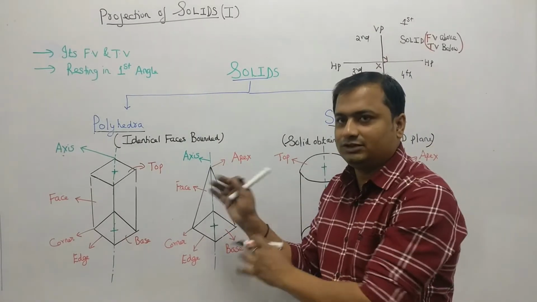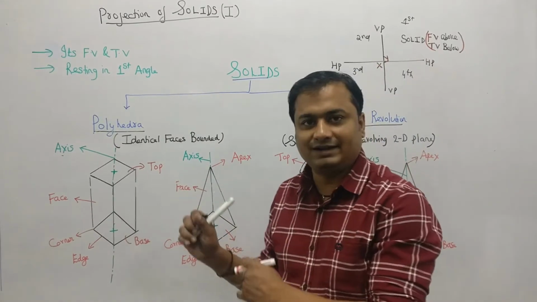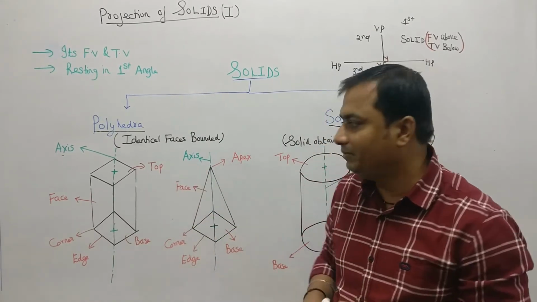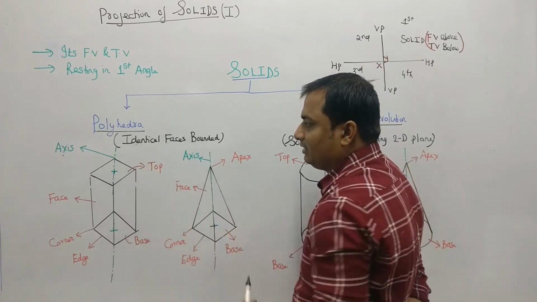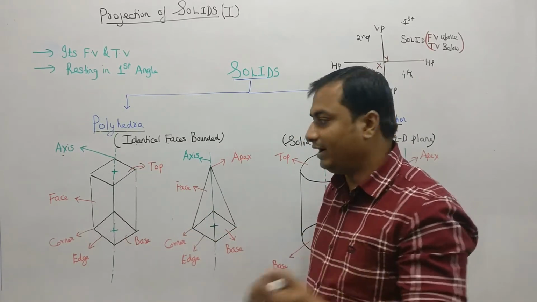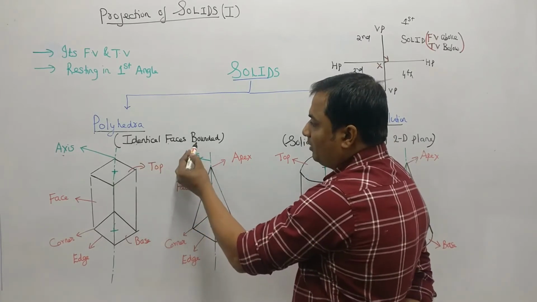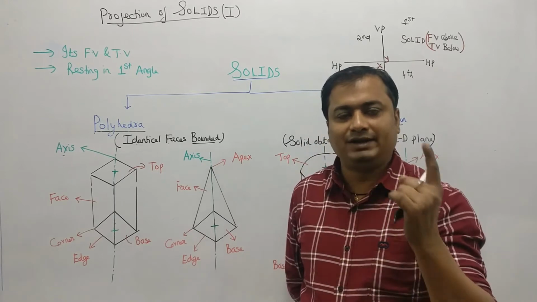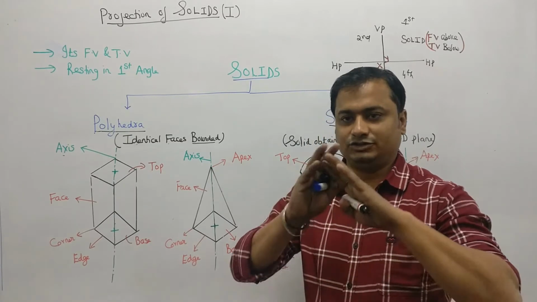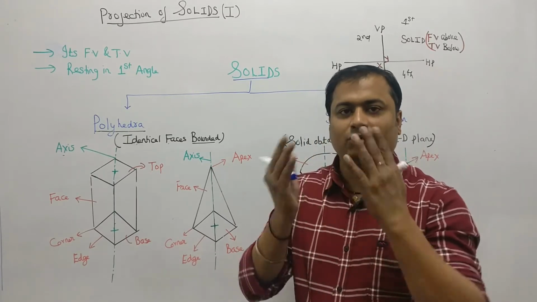Now coming to the first category, that is polyhedra. Polyhedra means the solids which are having a number of identical faces, and all the faces are joined with each other, or you can say bounded with each other.